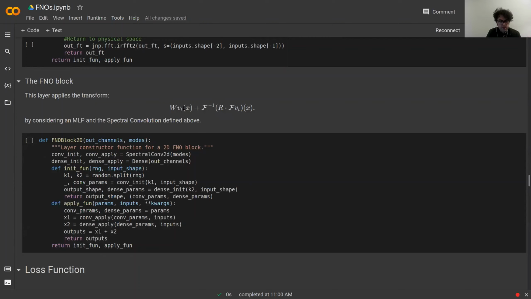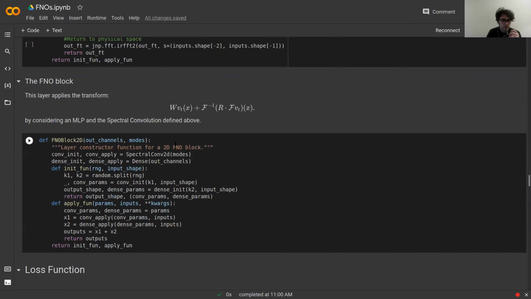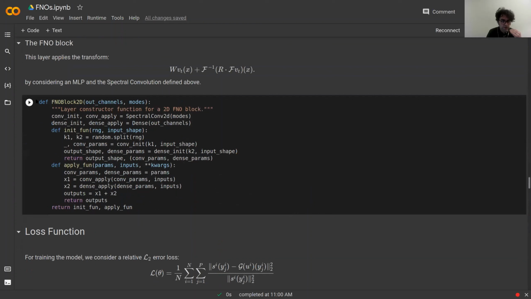We have a dense layer times the VT, and the second one is this inverse of the Fourier transform that we have computed up here, right? So we created a new block, the FNO block, that will provide us with this exact thing. So this will be constructed by two parts. One that computes this, which we talked about above, and one that will compute this.